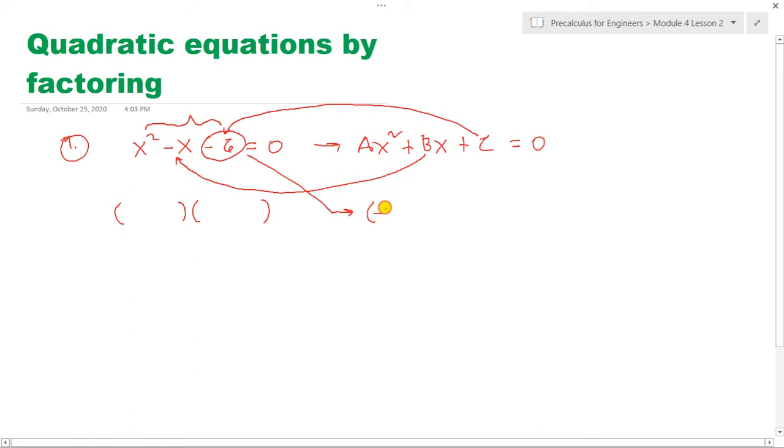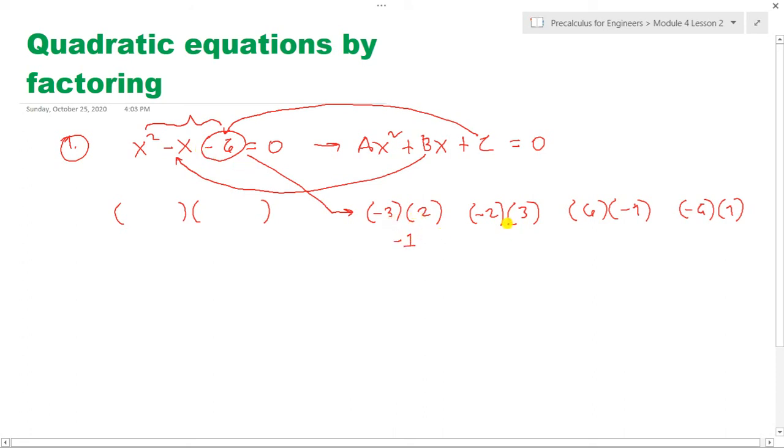You can have negative 3 and 2, or negative 2 and 3, or 6 and negative 1, or negative 6 and 1. Remember that out of these combinations, select the one that when both are added, the answer would be the middle term. So negative 3 plus 2 equals negative 1.